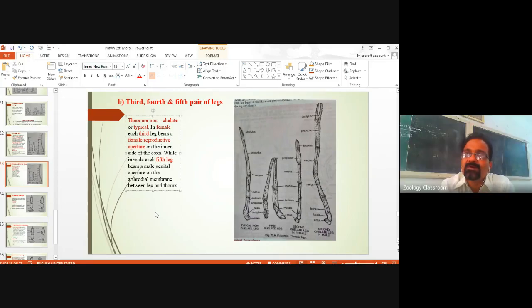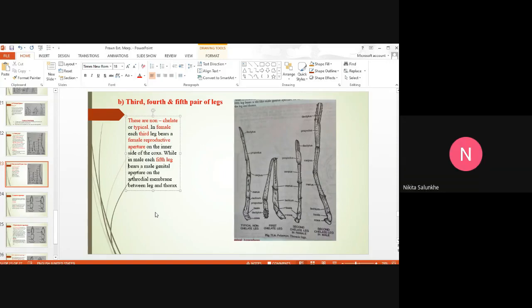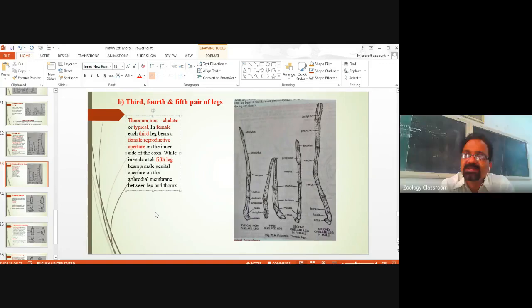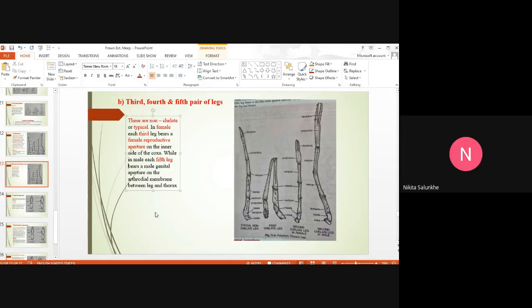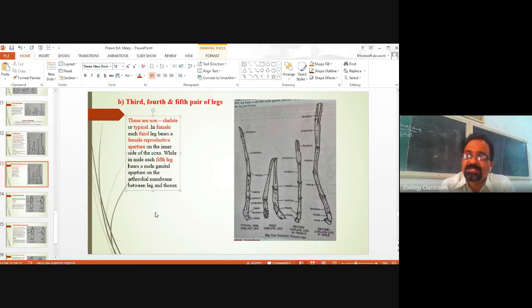And where the alimentary canal ends, at the rectum, anus. So six apertures are there in the body of the prawn.